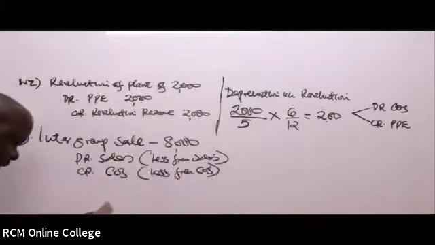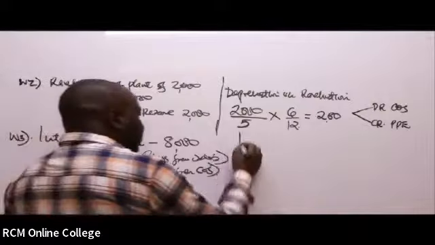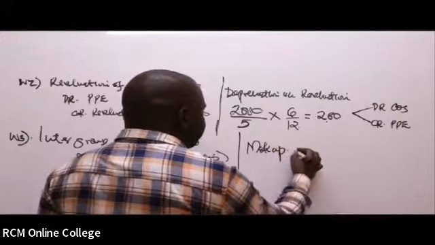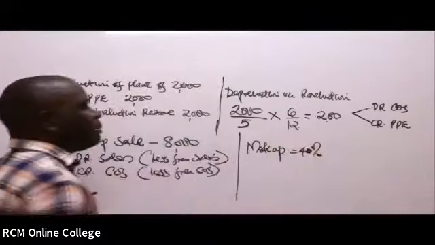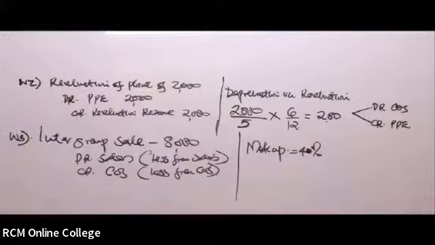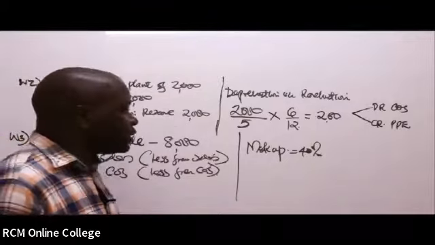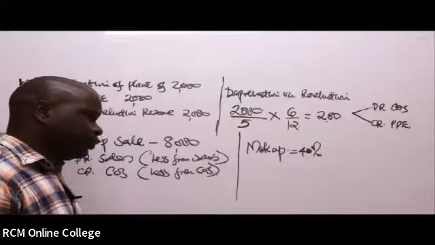Then you are told that S Limited made a markup of 40%. What did we say when you are given a markup? You convert to a margin.